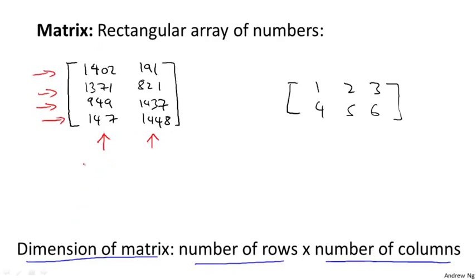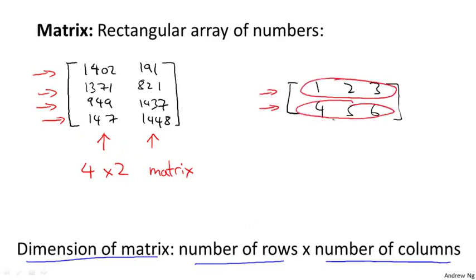So I'm going to say this is a 4 by 2 matrix, because it's number of rows by number of columns, so 4 rows, 2 columns. This one on the right has 2 rows, that's the first row, that's the second row, and it has 3 columns. That's the first column, the second column, the third column.